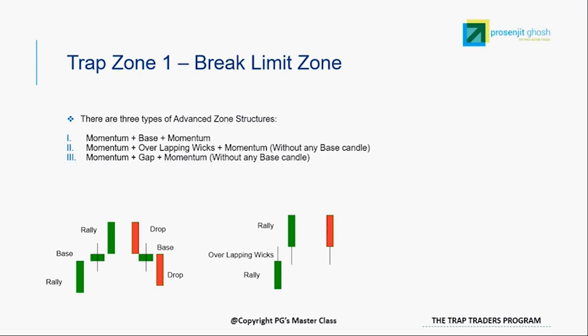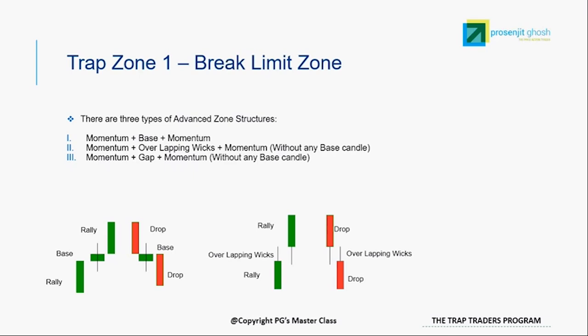Another is the drop. Again, on the lower side or lower bottom of the drop candle, we have a wick, right? And then it is followed by another momentum drop candle, where we have a wick at the upper portion of the momentum candle. So when this happens, we call it an overlapping wick zone.